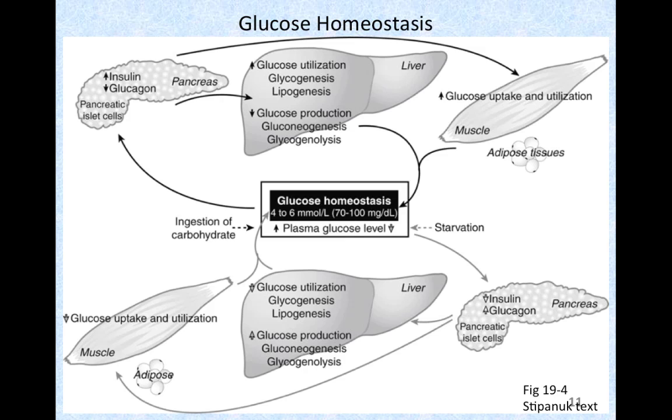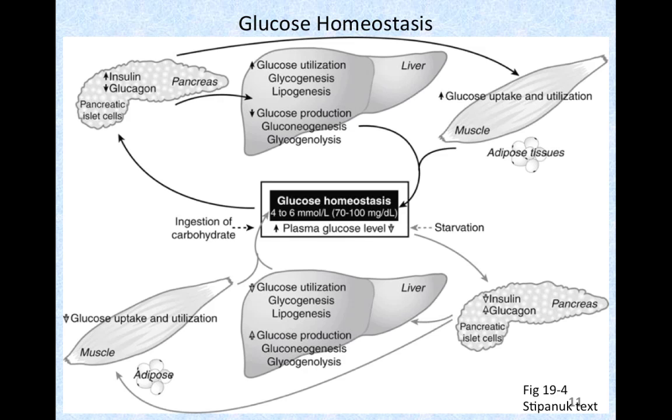Now, on the right side of this, when you look at starvation, so this is without food intake. We've looked at this before, but what happens in this case is insulin is low in the pancreas, and glucagon secretion goes up from the pancreas, and that glucagon interacts with receptors on liver cells.